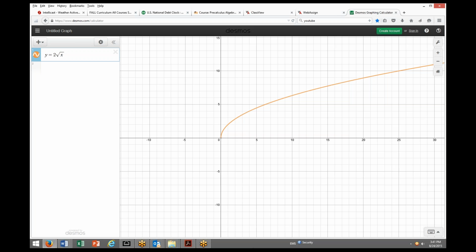So the smallest real number that has a square root is 0. The square root of 0, of course, being 0. So the one solution point, in fact, the very solution point where the graph starts, is the solution point 0, 0. X equals 0 and y equals 0, the origin.